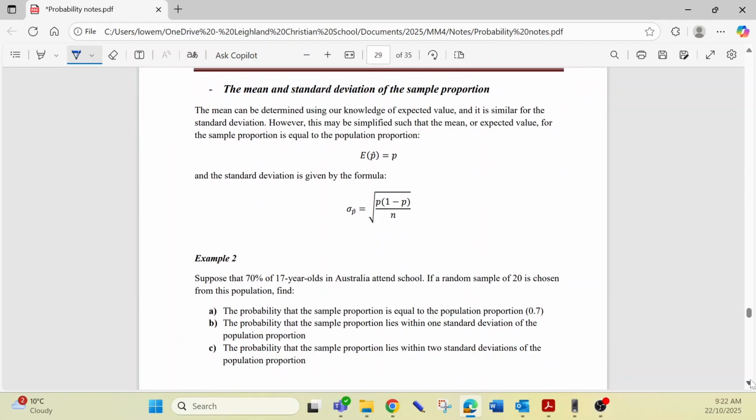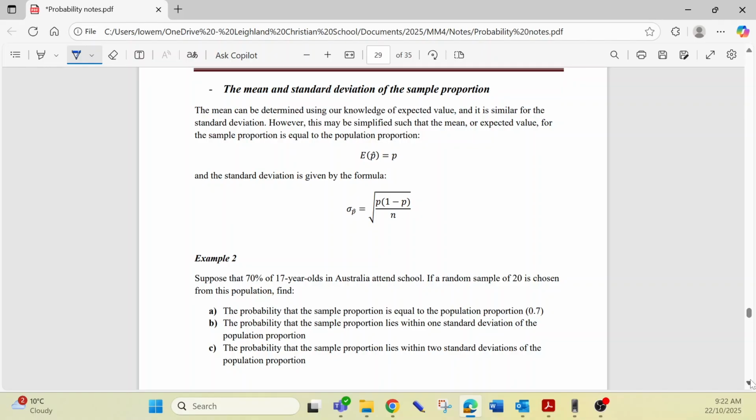Now, we're looking at the mean and the standard deviation of the sample proportion. The mean can be determined using our knowledge of expected value, and it is similar for the standard deviation. However, this may be simplified such that the mean or expected value for the sample proportion is equal to the population proportion.